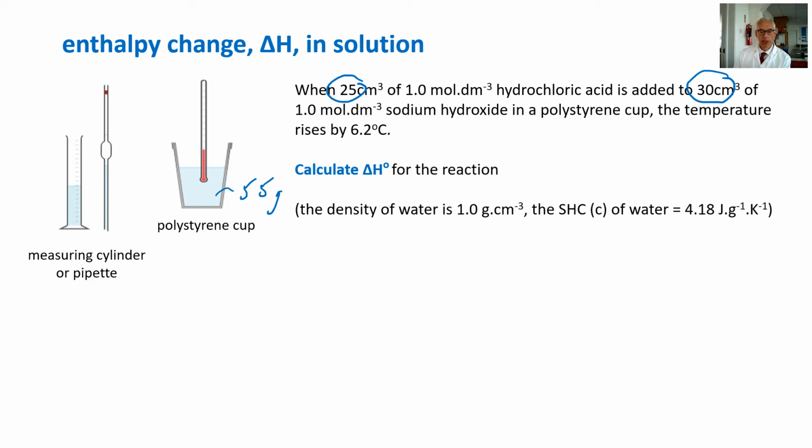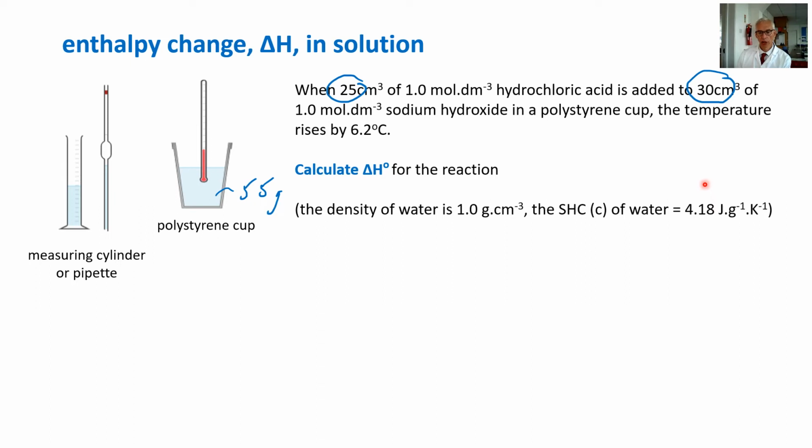We can also pair that with the assumption that the specific heat capacity of the solutions is the same as that of water, 4.18 joules per gram per Kelvin. From that data, we can then calculate Q, the heat transfer from the reaction into the surroundings, that is the solution or the water holding the chemicals together.